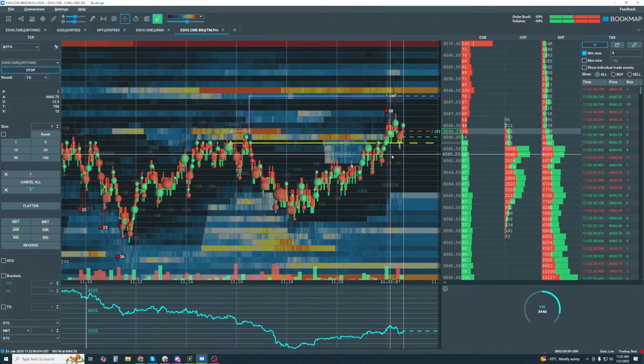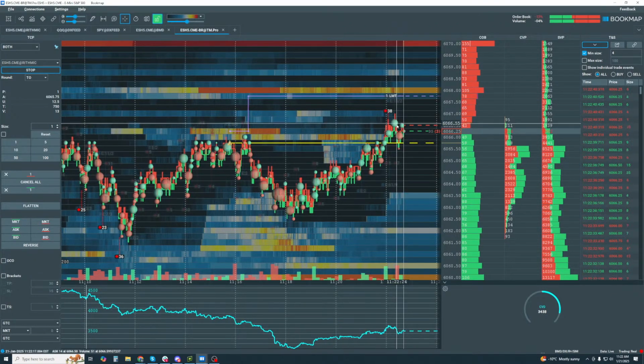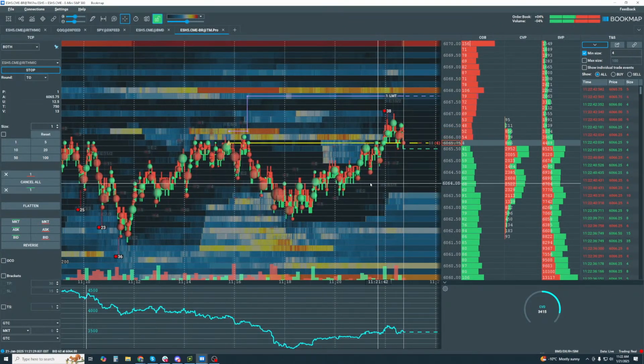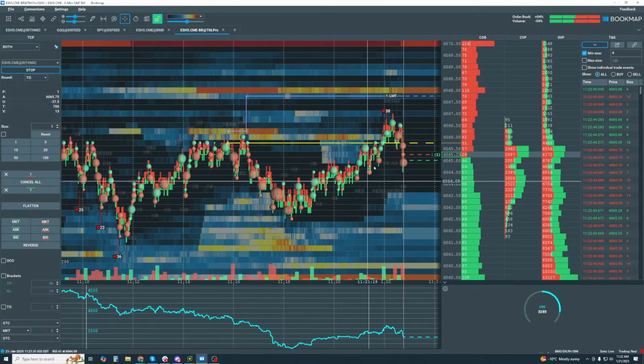Yeah, it's set up nicely here. Just need a few more buyers to trigger the stops. And we might not get it.